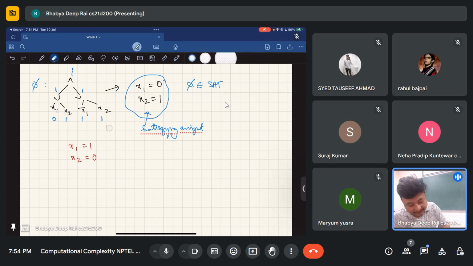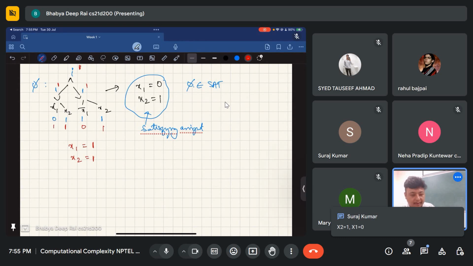But what will work, I think, is if x2 is 0 and x1 is, no, x2 should be 1 anyhow. X2 is 1 and x1 is 1. Yeah, if both are 1, then it will work. So if both are 1, this will become 0, this will become 1, and this will become 1, this will become 1, and this will become 1. Right? x2 equals 1, x1 equals 0.